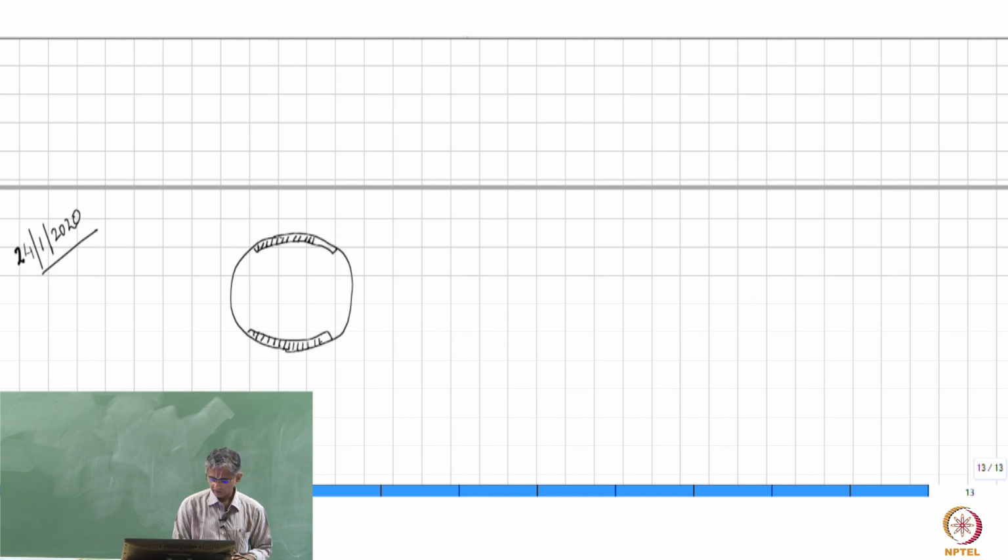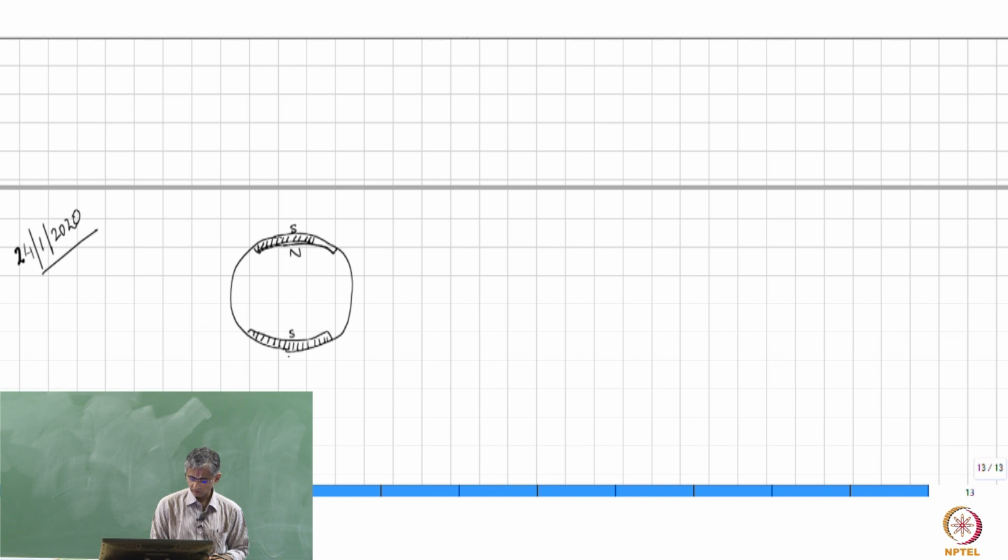As I mentioned, if this face represents north, then this would represent south, then this would represent south, and this represents north, and this is the outer circumference of the stator itself. So the field lines will come out of this face, go into the rotating member, that is the armature, and then come out of this.